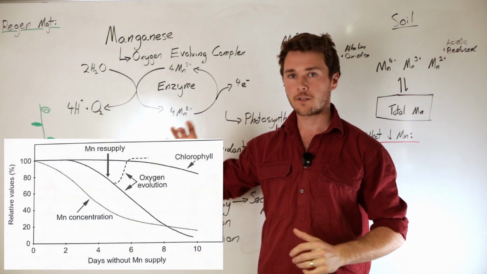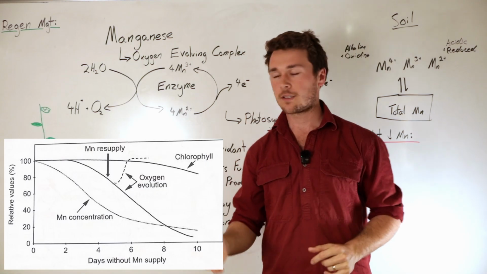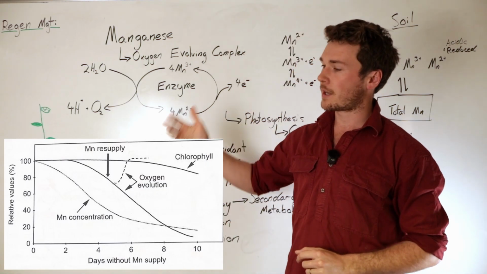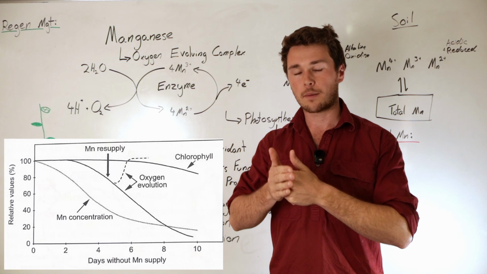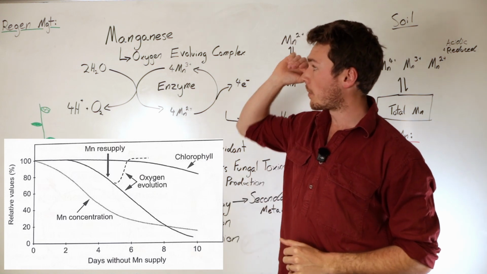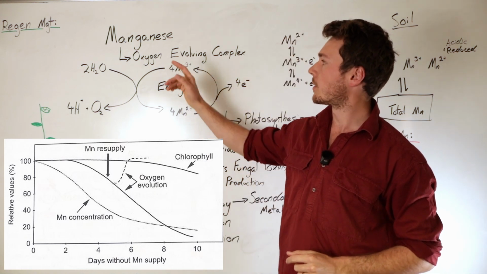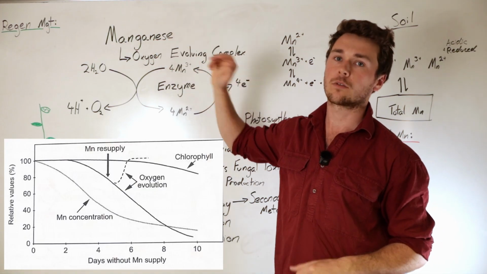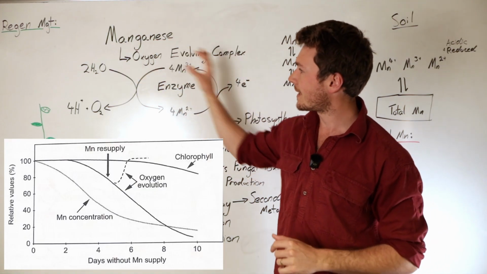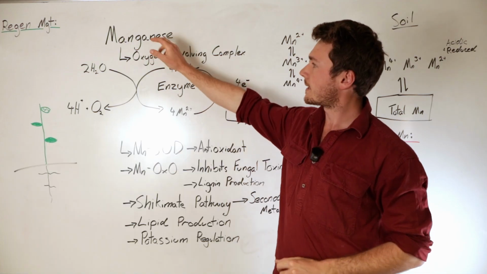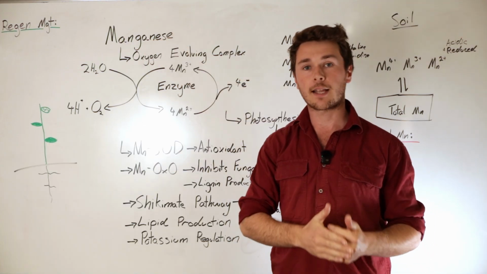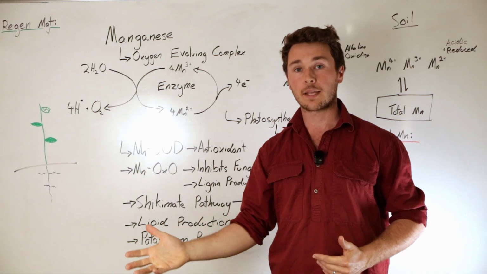And so you'll see here a graph of the oxygen evolving complex and its production in relation to manganese availability. So super important. It's also important to know that this doesn't quite have an effect on chlorophyll production. It's more so in this system. And my understanding is that under a manganese deficiency, you can actually get a reduction of the photosynthetic ability of the plant by 50%.